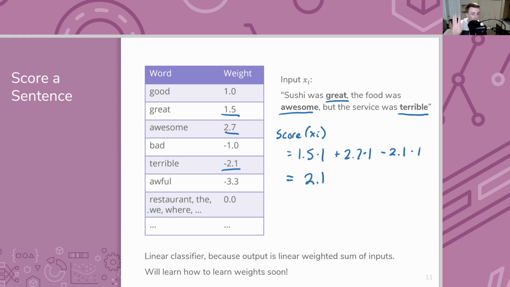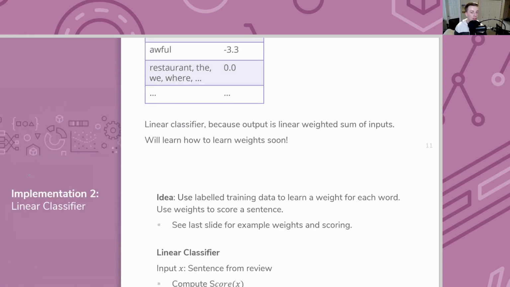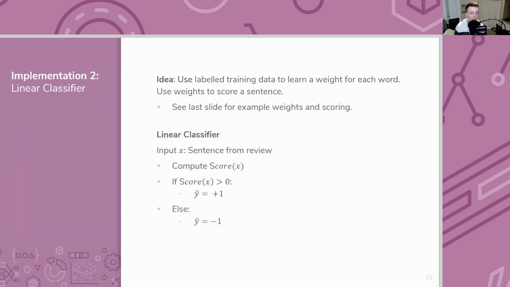Now, again, we'll come back to how to learn these weights from data next time. So we're just going to assume for today I have these weights given to me. But now I add these up and get a score for the sentence, and now let's explore what I might do with a score. So here's what I claim we can do. In our linear classifier, we get this weighted score, and then we use that score to make a prediction about the positivity or negativity of the sentence.